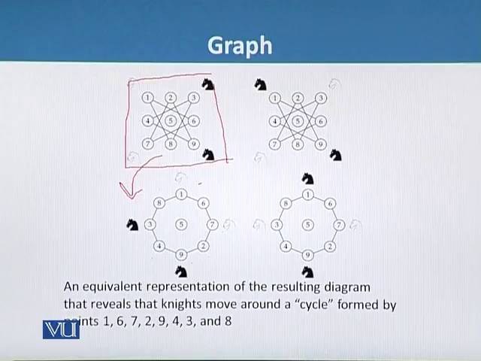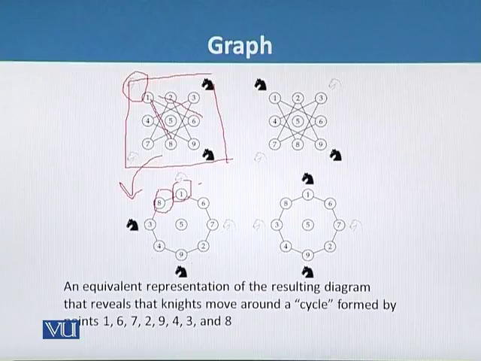So if the horse is at position number 1, it can move either to position number 8, as we have seen previously, or it can move to position number 6. So we have written it in a cyclic form that the horse at position number 1 can move either to position number 8 or to position number 6. So we write it next to the 1.